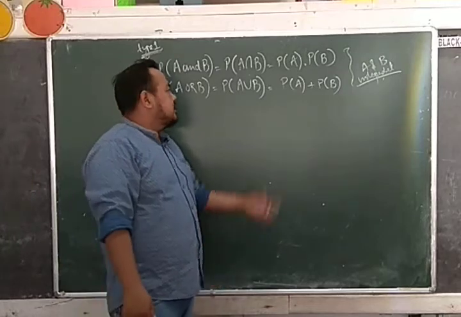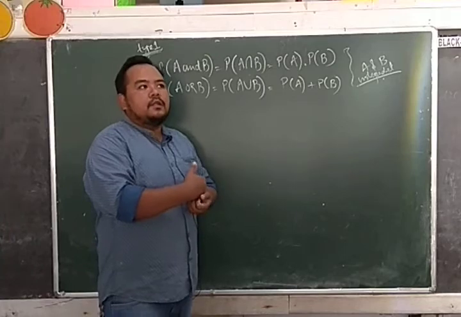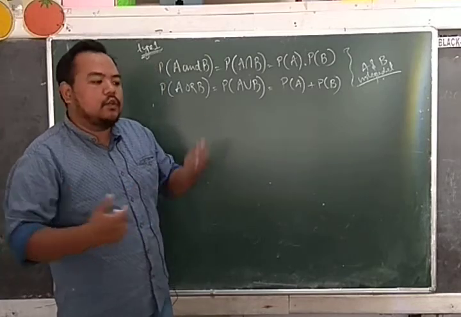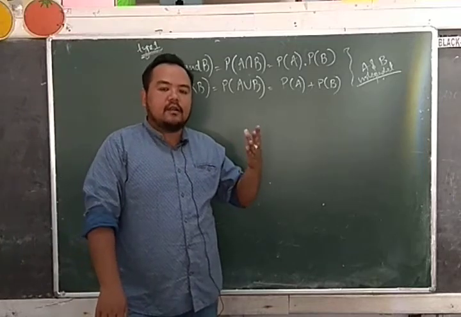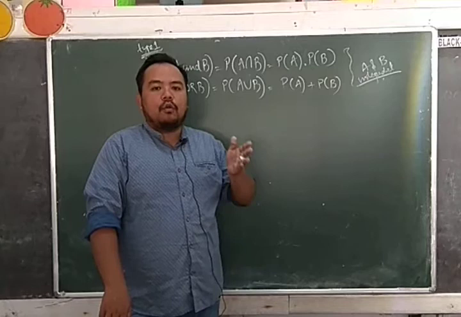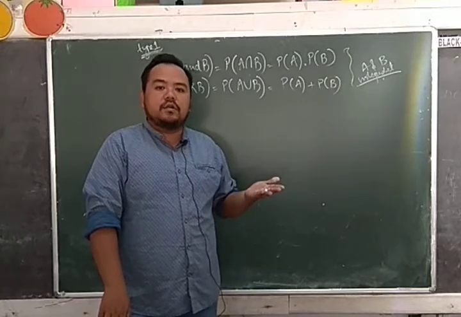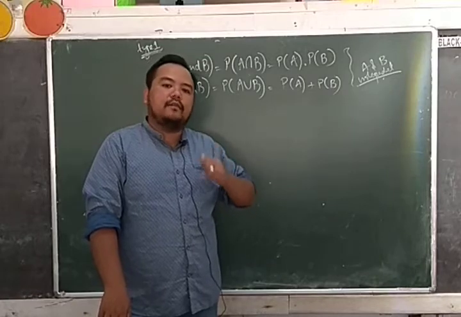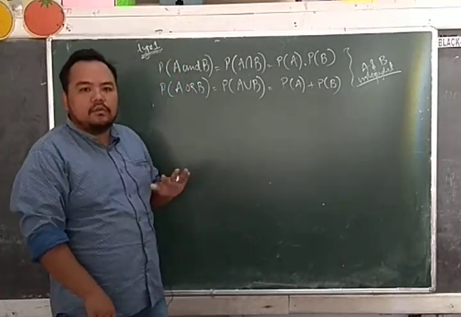Mutually exclusive means there is nothing common between A and B. For example, when you roll a dice, you know that the outcome is 1 to 6. If an event A contains only even numbers, that means 2, 4, 6, and an event B contains odd numbers, that means 1, 3 and 5, then in A intersection B, is there anything common?